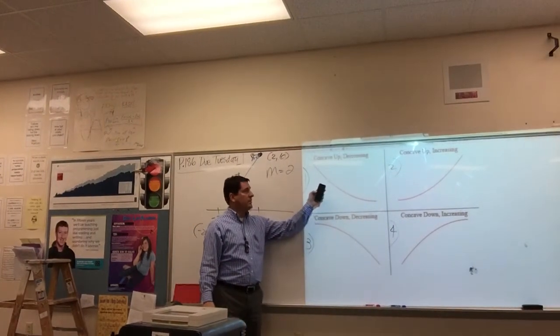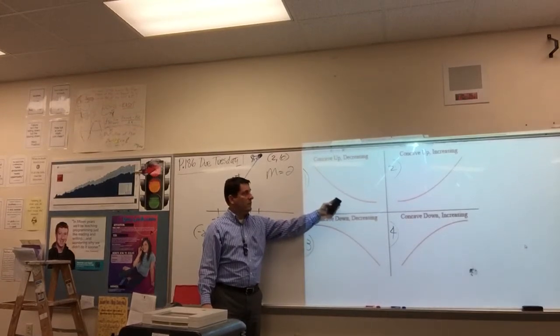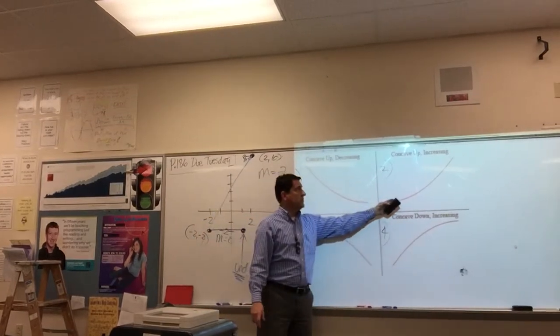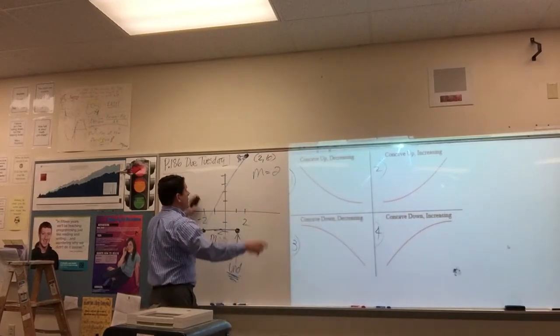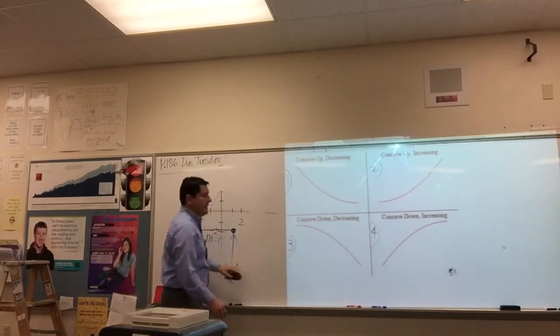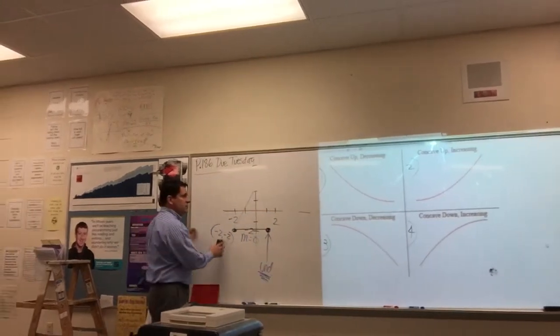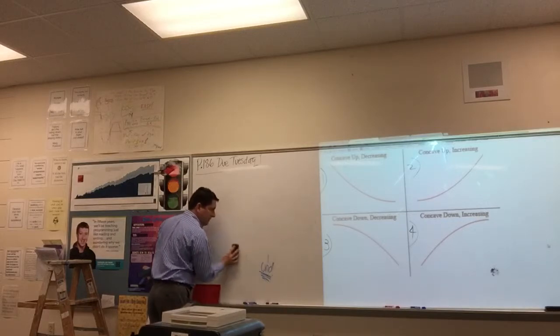This is an example of concave up, and the function is decreasing. The function is concave up, and the function is increasing, so on and so on. After you copy those down, you're going to come up with a definition for what it means to be concave up or concave down.